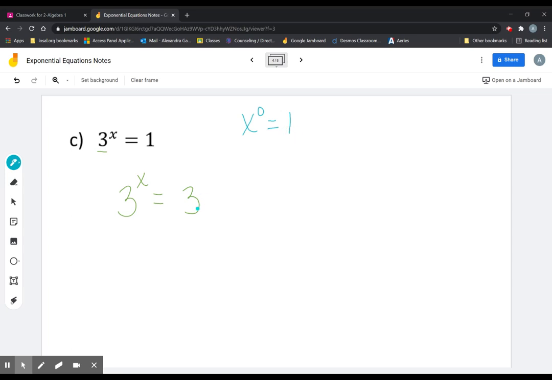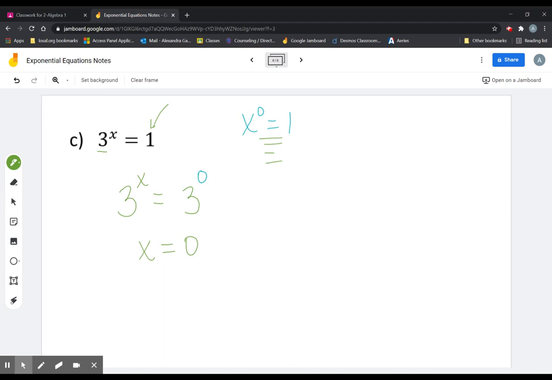So if I were to write this, 3 to the 0 power is actually equal to 1. So then my bases are the same, and I'll get x is equal to 0. So that's going to be a special case. If that 1 ever pops up, we have to remember that anything to the 0 power is 1. So any base to the 0 power can replace that 1 that we have.